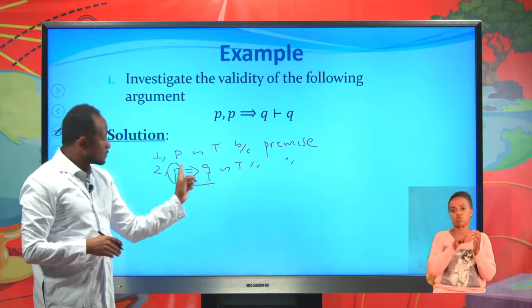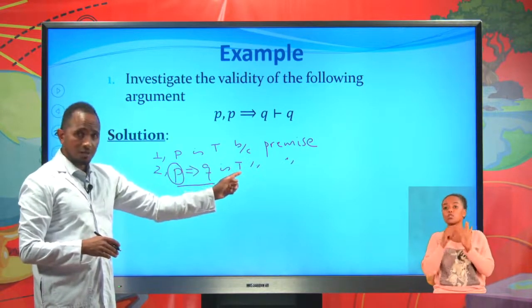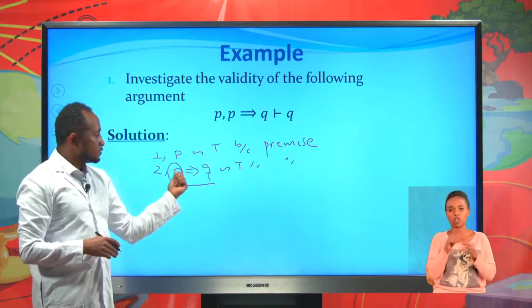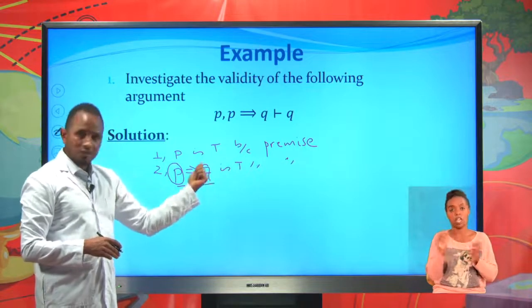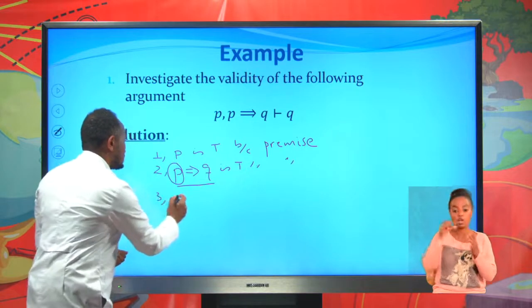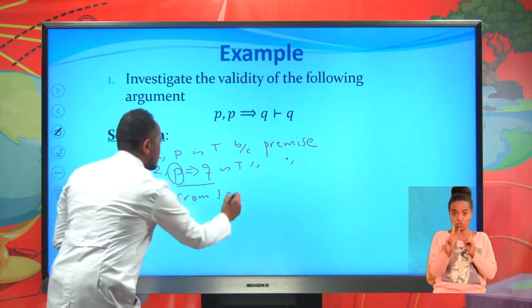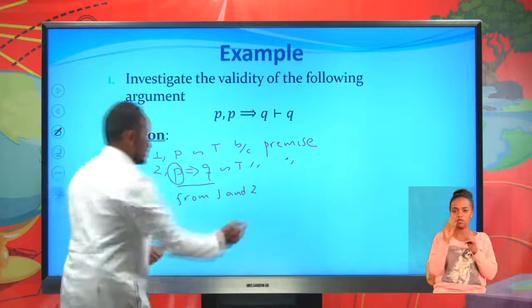If it is false, true implies false, the result becomes false. It can't give you true. Therefore, we have found P to be true, and true implies something is true, so Q must be true. Therefore, from 1 and 2, Q is true.